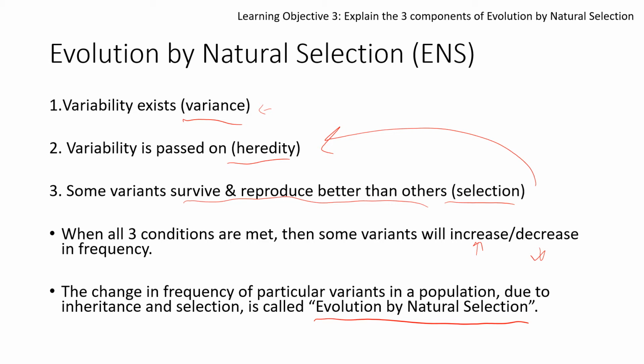Long way to say evolution by natural selection is basically where inherited characteristics that aid in survival, aid in reproduction, increase in frequency. Ones that hinder or don't aid as well as others decrease in frequency. This is the short version of evolution by natural selection.